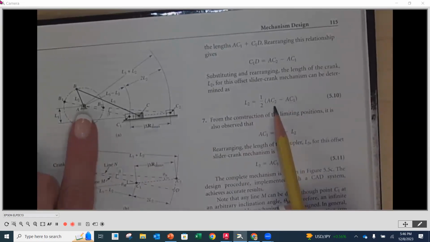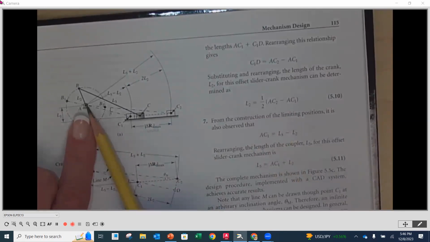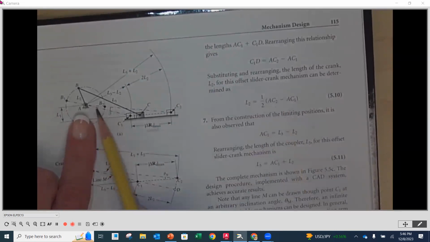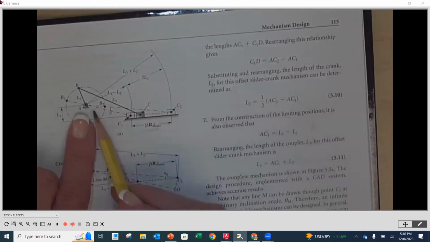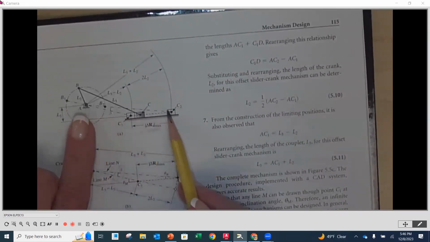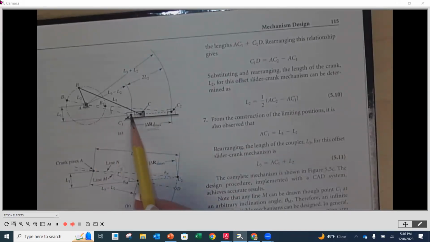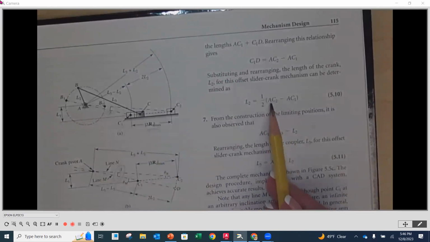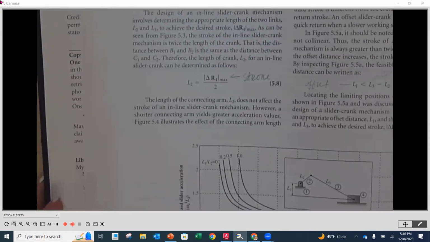What they're referring to is A is going to be the center of the crank rotation, and C2 is going to be the distance all the way out to its outermost point on its stroke. So AC2 is the length of this line right here, minus A to C1, which is the position of our slider in its inwardmost position. Then multiplying AC2 minus AC1 times 1/2 is going to be the length of our crank. So this would be for an offset slider crank mechanism.